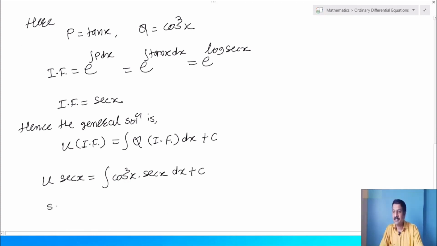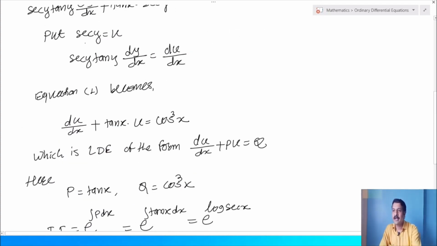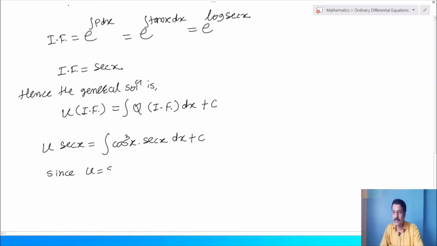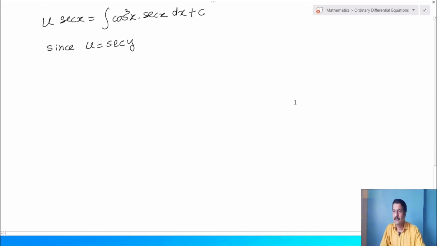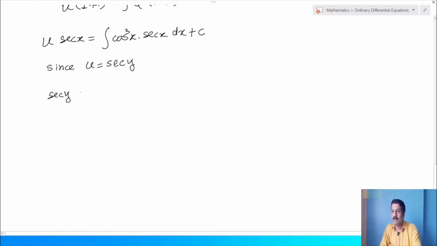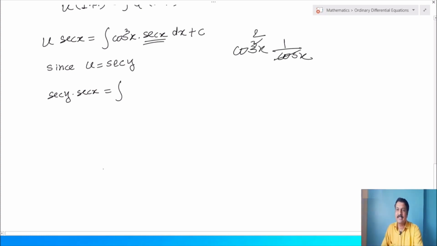Since u equal to sec y, therefore I am getting here sec y into sec x on the left hand side equal to, what is sec x? It is 1 by cos x, and here cos cube x. So definitely one cos gets cancelled, and I am getting here integration of cos square x dx plus c.